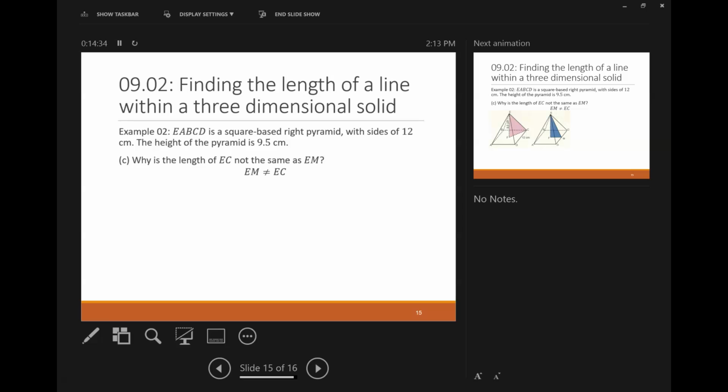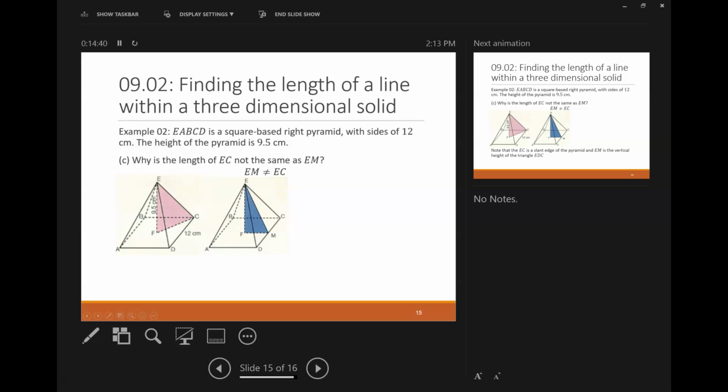Part C says, why are those two lengths different? Why is EM not equal to EC? Okay, that's a reasonable explanation.